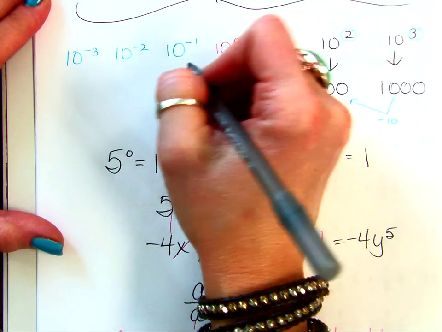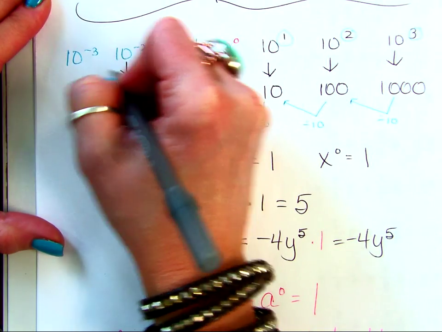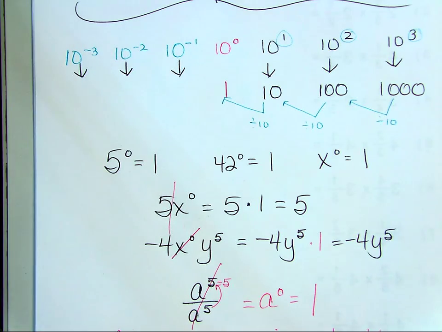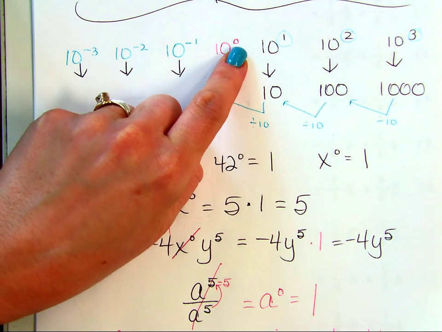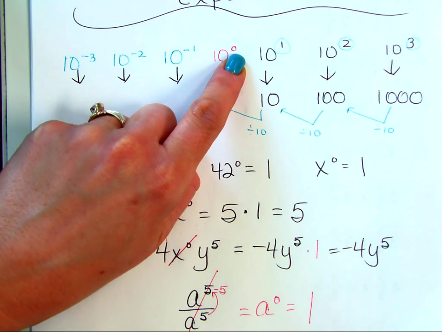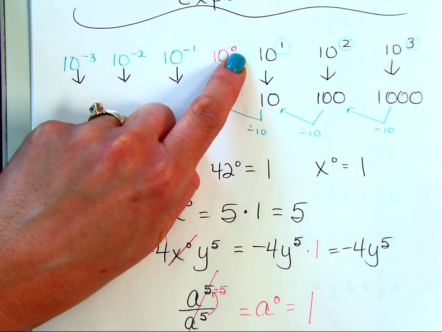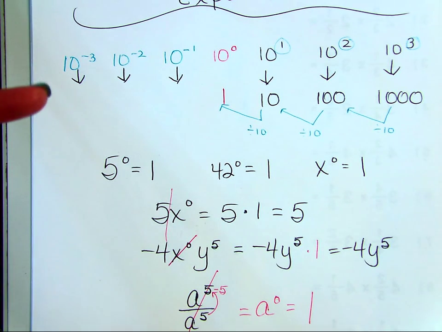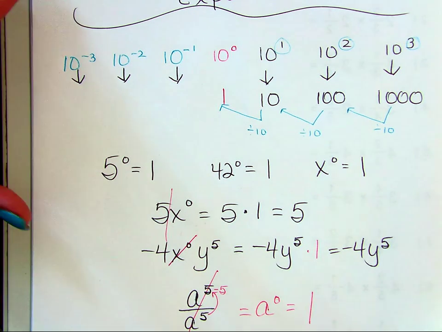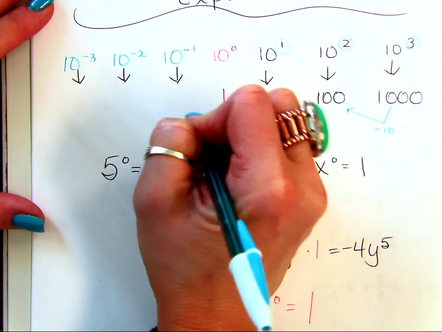And so, below it, and this is where bell work comes in handy, right? We did negative exponents on bell work for quite a few months. So, if the exponent tells you how many zeros to put, you can't have less than 0 zeros. You can't have negative zeros. So, what we're going to do is just keep going with this pattern.